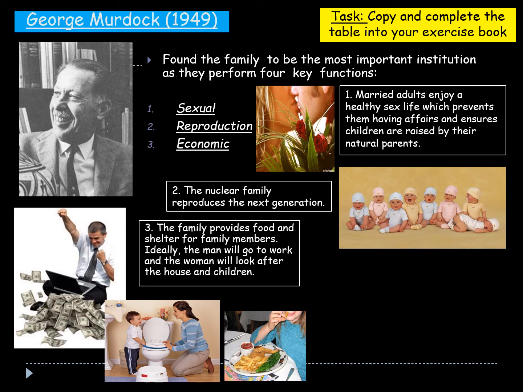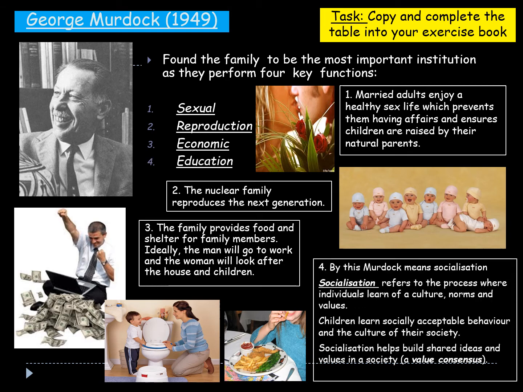Because there are 2 adult members of the family, it makes this function easy to fulfill because the man has that specific economic function of going out to work, also known as the breadwinning function, and the woman will stay at home to look after the house and the children. If there are other family types, they may not be able to do this role adequately. In their view, single parents might struggle to do the economic function because there is only 1 adult, and therefore it's a less ideal family type.